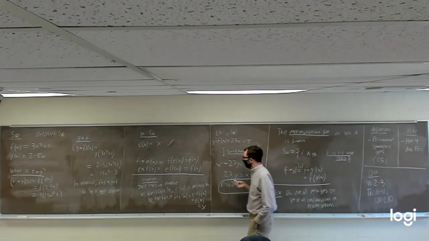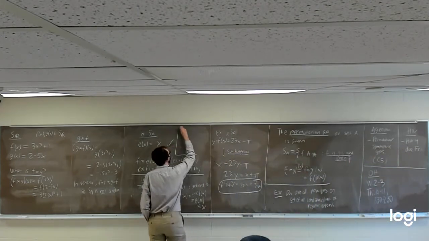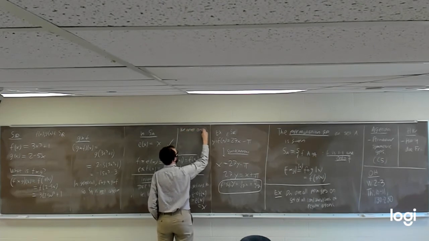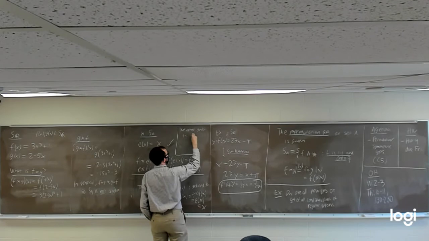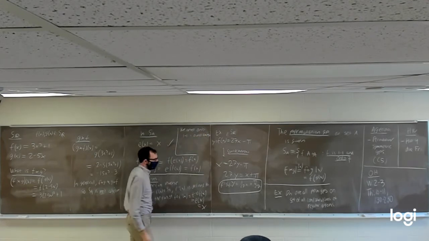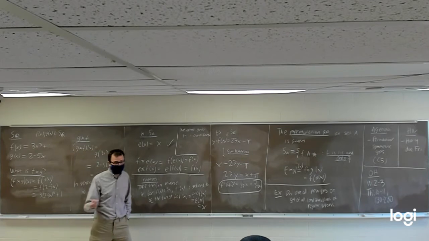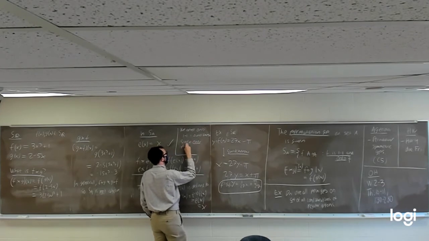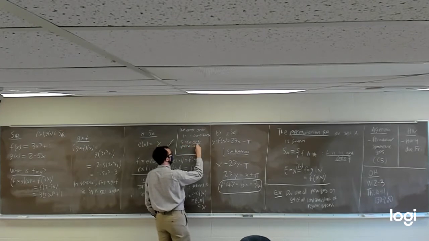And so, let me write that down. We need only one-to-one and onto functions, since these are going to be the only functions that turn out to have these inverses. And only permutations.